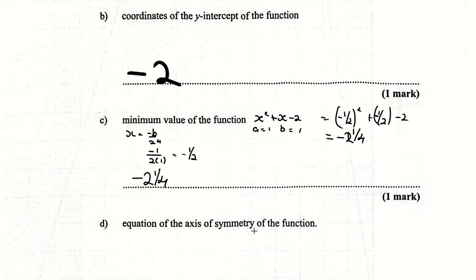Then they ask for the equation of your axis of symmetry. That's what this is for. x is minus b over 2a, which gives x equals negative a half, and that is your axis of symmetry.